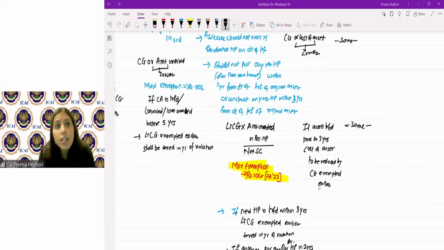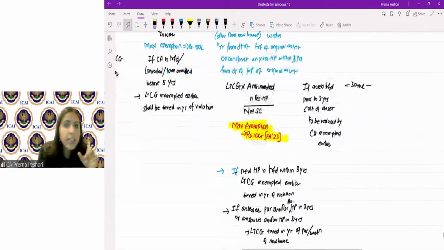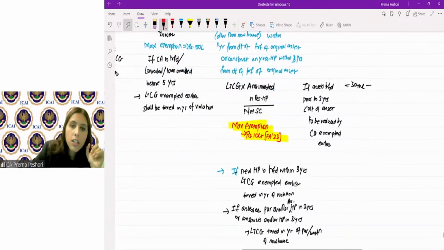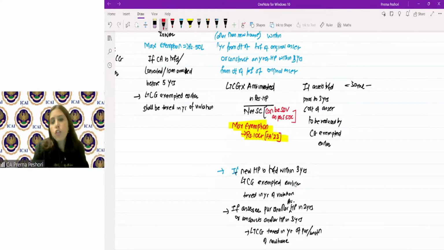It is not that you will take the actual sale. So in case of 54F, the net sale consideration can be SDV as per section 50C, only for the purpose of 54F.